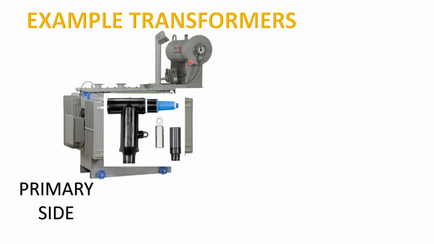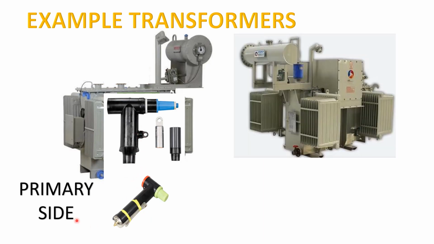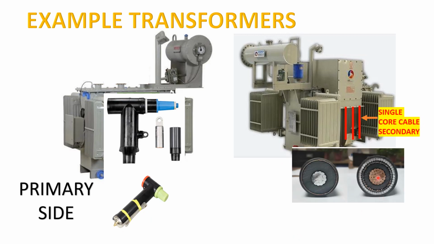We can use this kind of installation with a termination kit, so Euro mold and a steam mold. This is the termination kit that we need to install on our cable. How about the secondary side? The secondary side, this is the area, and we're using single core cable. That is our secondary side, and this is the single core cable information.